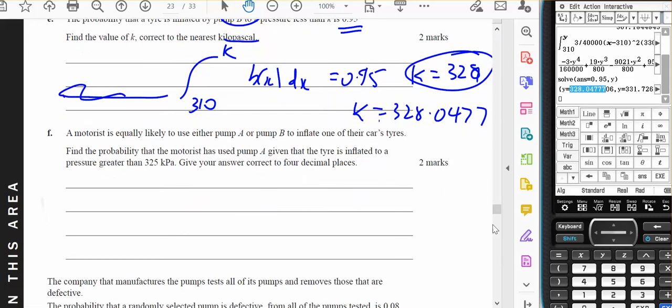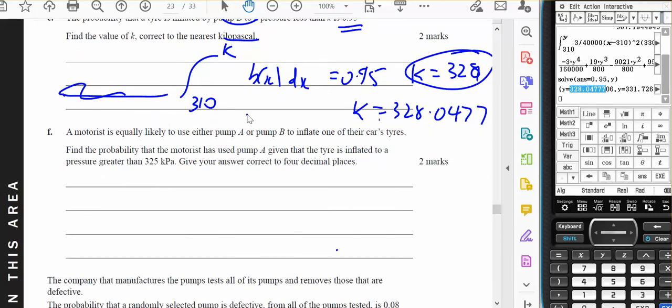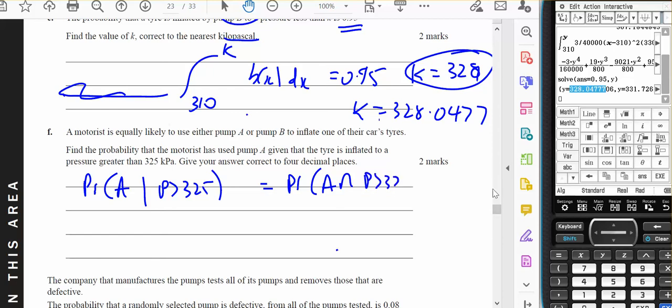Question F. A motorist is likely to use either A or B to inflate their tyres. What's the probability that a motorist uses A, given the pressure is greater than 325? So it's going to be the probability of A intersect pressure greater than 325, over the probability that pressure is greater than 325.